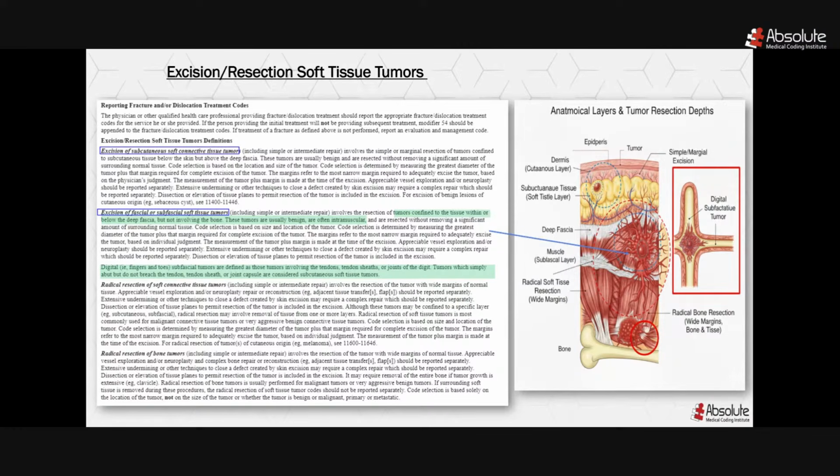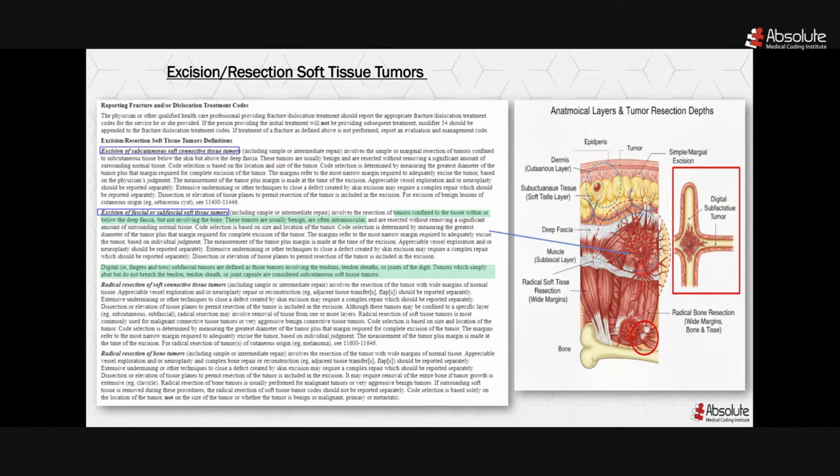You can see it's located within the muscle, so intramuscular tumors are removed under this category. They also involve the digital subfascial tumors. You can see the other picture, the digital subfascial tumors, which means finger and toe tumors.